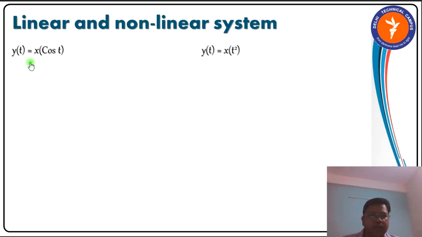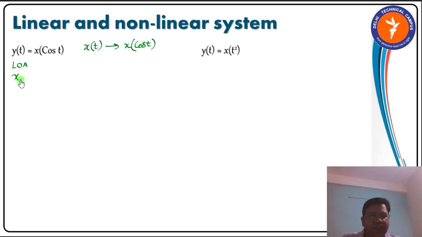Let us discuss another example. We have y(t) equal to x(cos t) here. Let us check the law of additivity first. This system is saying that if I excite the system with x(t), I will get x(cos t). That is, it will replace the time t with cos t.